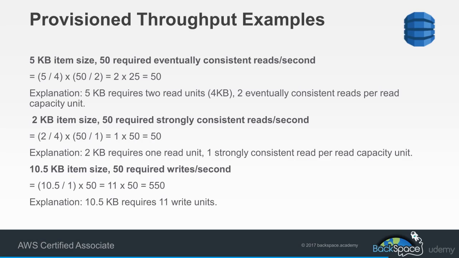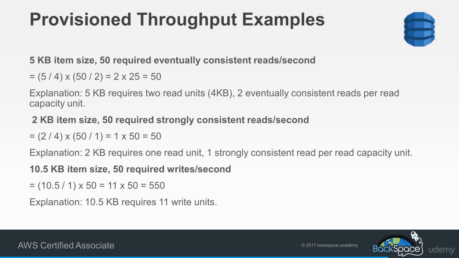So we need 1 to start with, multiplied by 50 reads per second, divided by 1, because there is 1 strongly consistent read required per read capacity unit. So that comes to 50. So if that was an eventually consistent read, that would be 50 divided by 2, because you need less of them for eventually consistent reads. So it's 50 again.